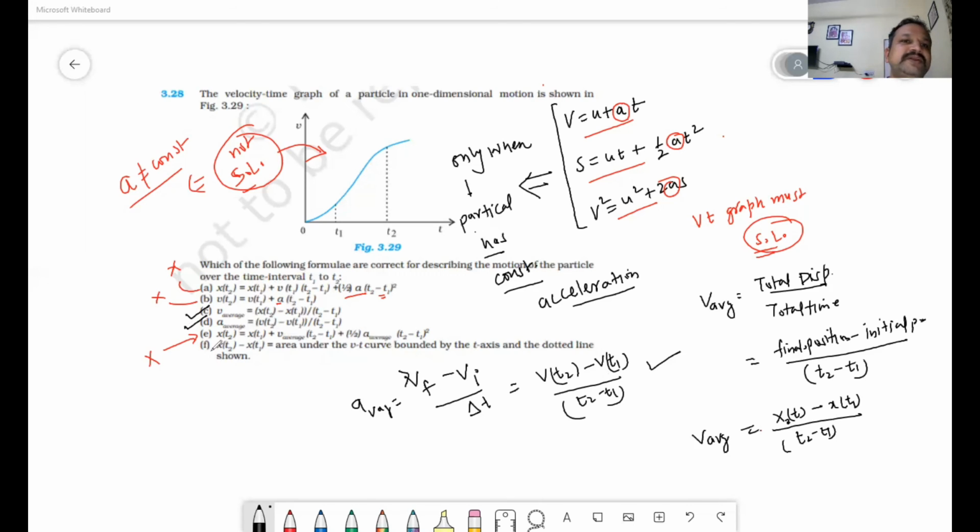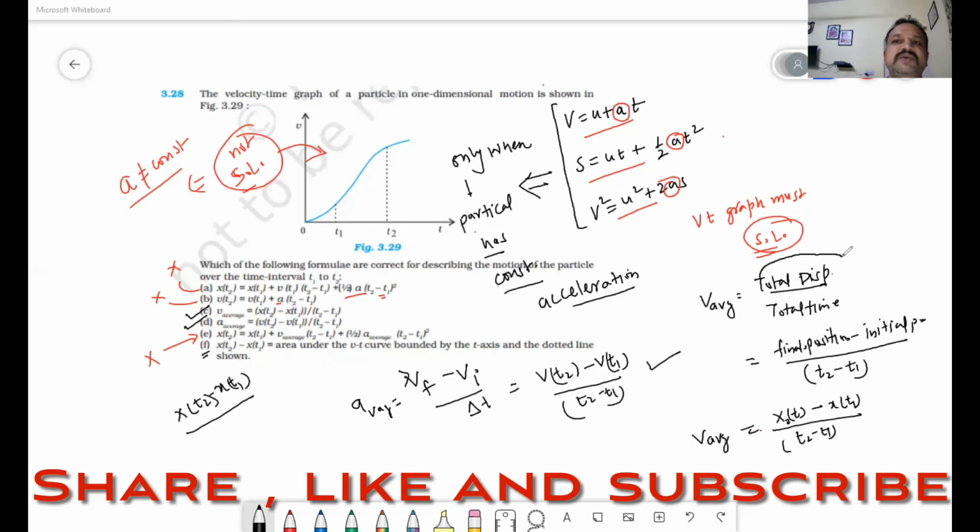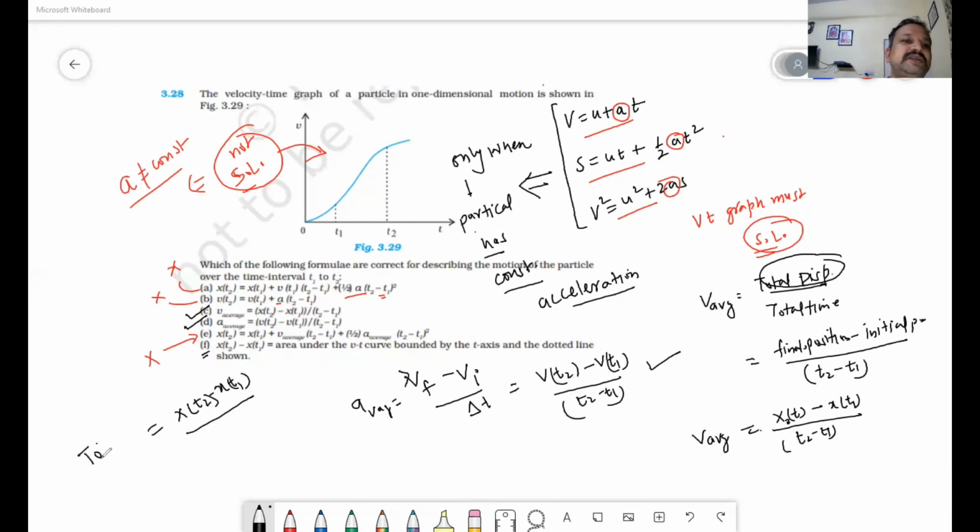Now comes to the point F. F is nothing but x at t2 minus x at t1. अब मैंने अभी लिखा था, this is equal to what? Total displacement.